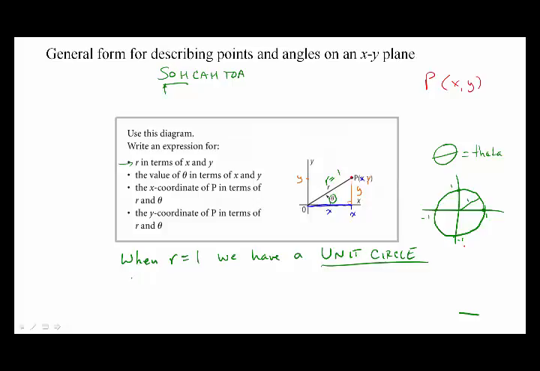Well, we just had, right? Let's do cos for this one. Cos theta equals adjacent over the hypotenuse. So cos of theta is equal to, what's my adjacent? X over r, only what's my r?